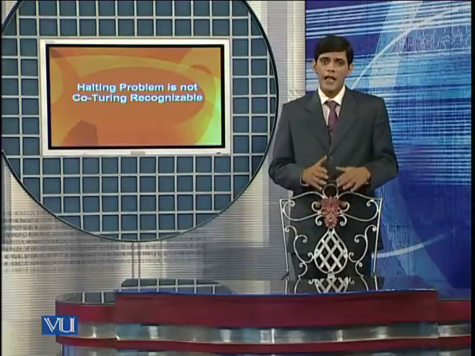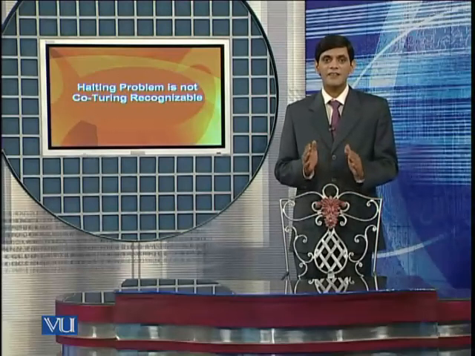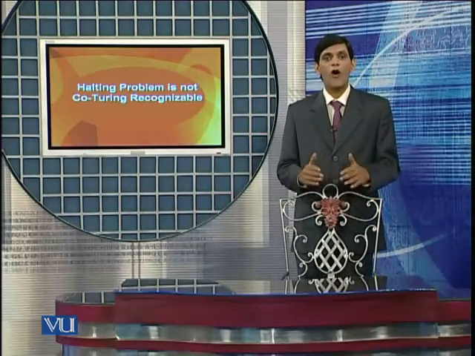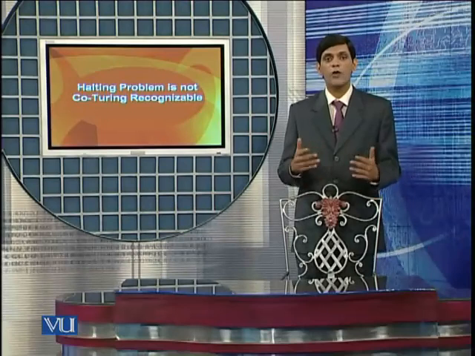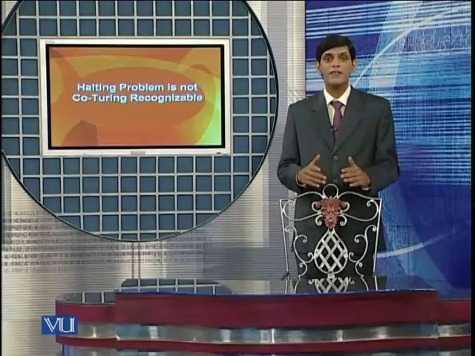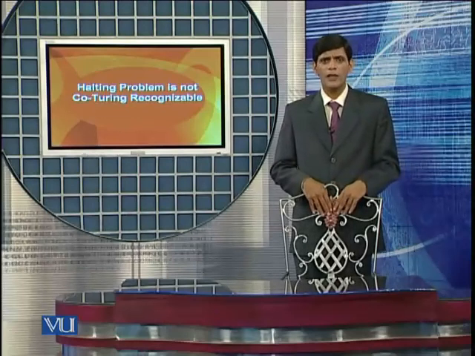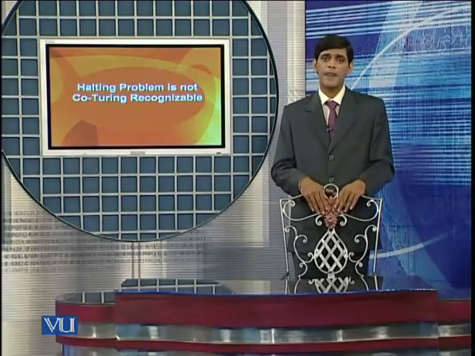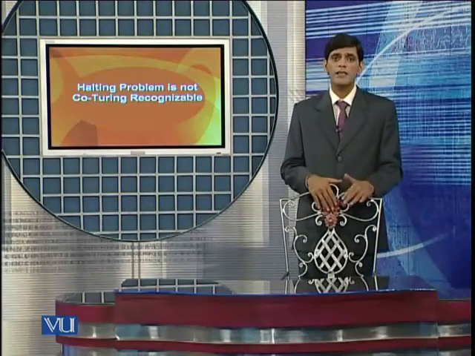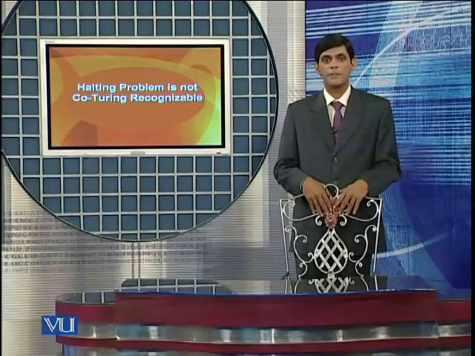Would it be possible for us to design an enumerator which will enumerate exactly those enumerators that do not enumerate themselves? In order to see that such an enumerator doesn't exist, all we have to do is ask the following question. Will this enumerator enumerate its own description? Well, let's think about it. Suppose this enumerator enumerates its own description.